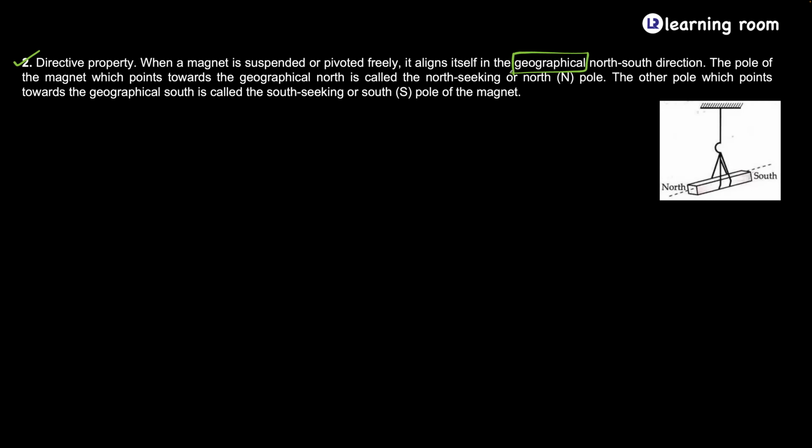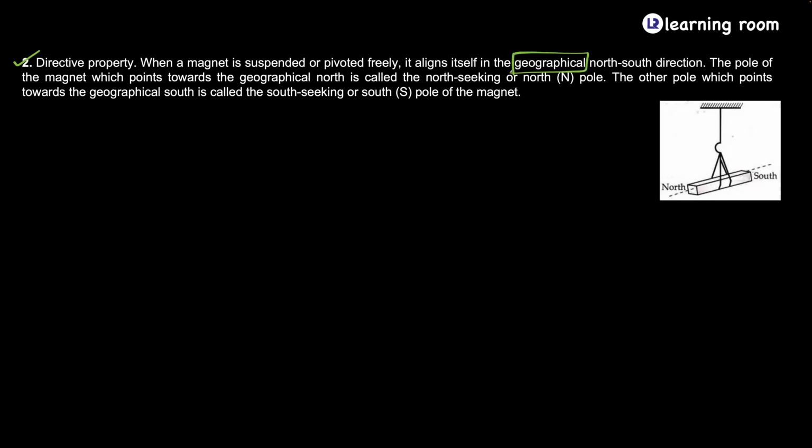So whether I hold it in this way or any other way, you're able to see it is aligning itself. I'm trying to twist it in whatever direction I want. It is still trying to align itself only in this direction. So it is aligning itself in the direction of geographic north to geographic south. So I know that this is south. Okay, but let's validate it.